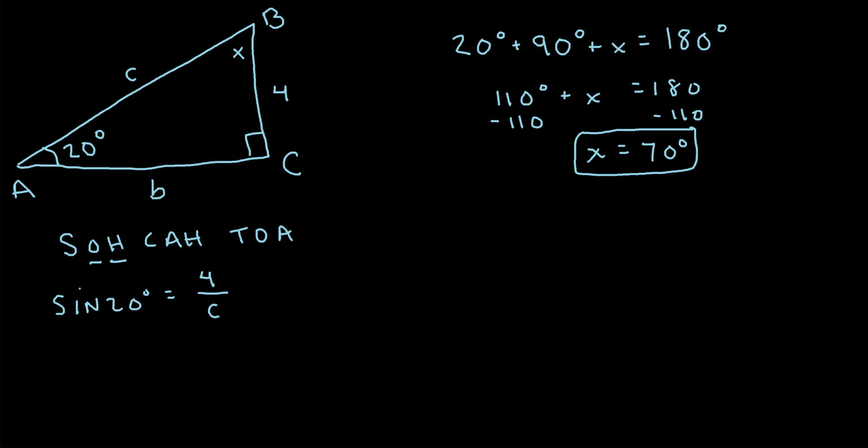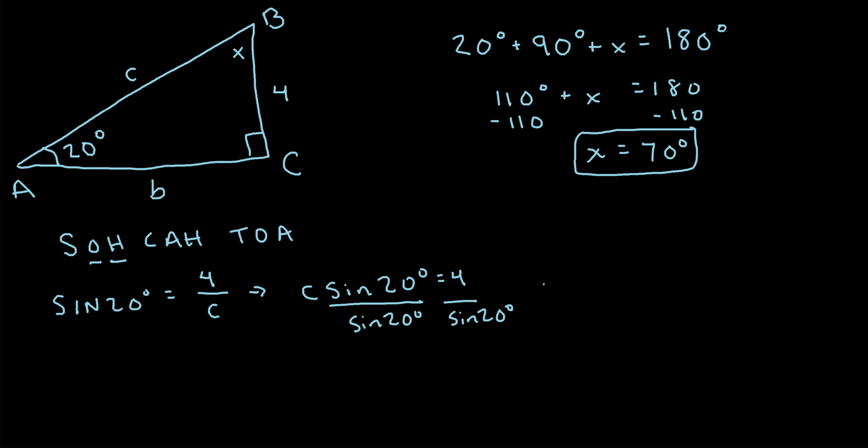So how can we solve for c now that we know all this information? Well, we can start by getting that c out of the denominator by multiplying the right-hand side and the left-hand side by c. So we can write it like this. c times sine of 20 degrees is equal to 4. And then to get c all by itself, we just need to divide both sides by the sine of 20 degrees.